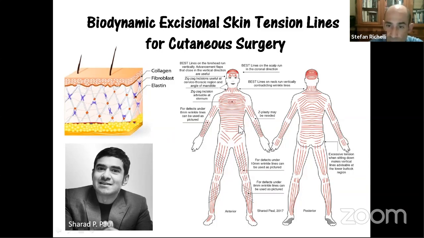So the relationship of all the skin in all the body is very important, because we are wrapped by skin all over the body, and one tension in one part of our suit can change the mobility in another one. If you lift the arm and we stretch our suit a little, we will see that we have a restriction of movement. So any kind of tension can restrict the movement of our body.